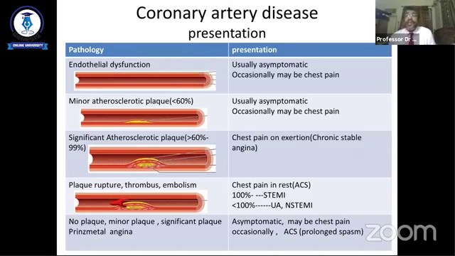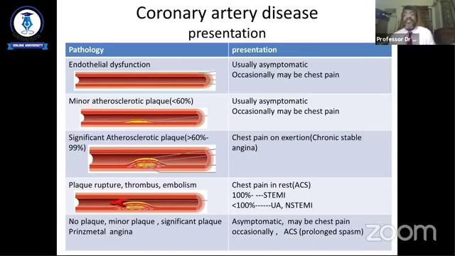So what is the non-ST elevated MI? In non-ST elevated MI, usually in the ECG changes there is no ST elevation. Instead of ST elevation, there is ST depression or T inversion changes, or even the ECG may still be normal, but there is a significant increase in the cardiac enzymes like troponin I or CKMB.